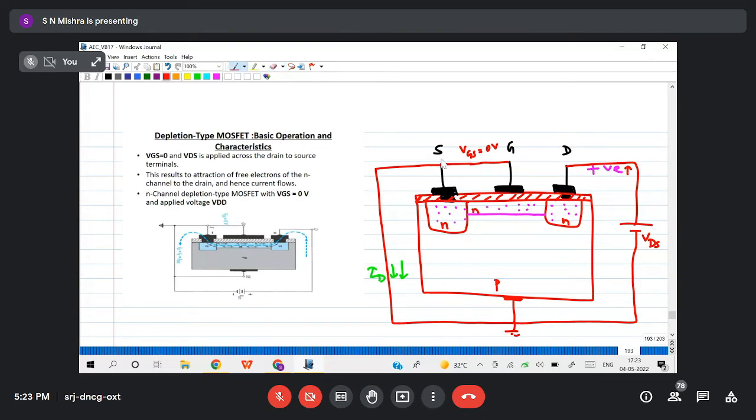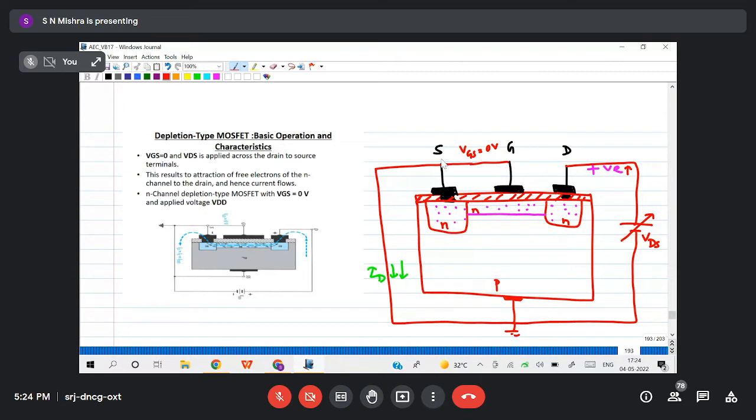This positive potential will increase, meaning more and more electrons will be attracted from source to drain due to the positive potential at the drain terminal. Then will the current increase or decrease? If I increase the VDS, will the current increase or decrease? If I give more positive voltage at the drain, the number of electrons will increase and current will increase.